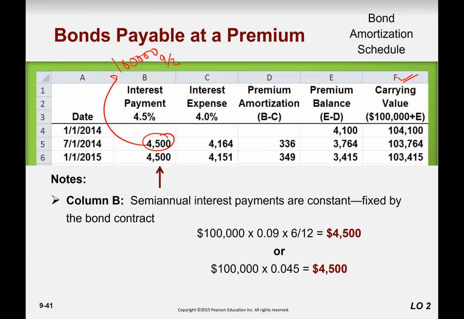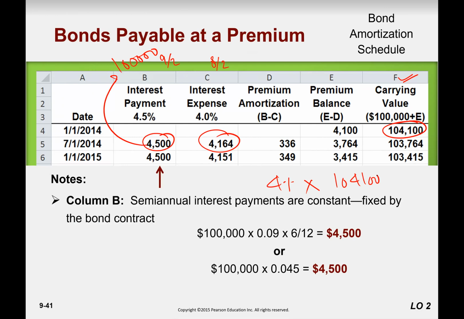The market rate is 8% annually, 8 divided by 2 is 4%. Right? So interest expense is based on the market value. So this 4,164 came from 4% of 104,100.